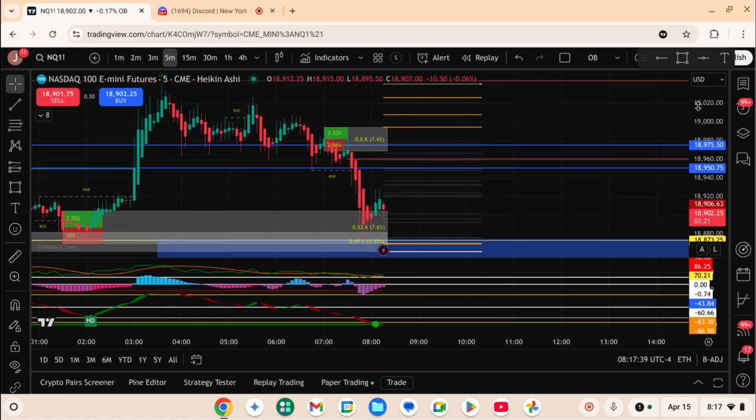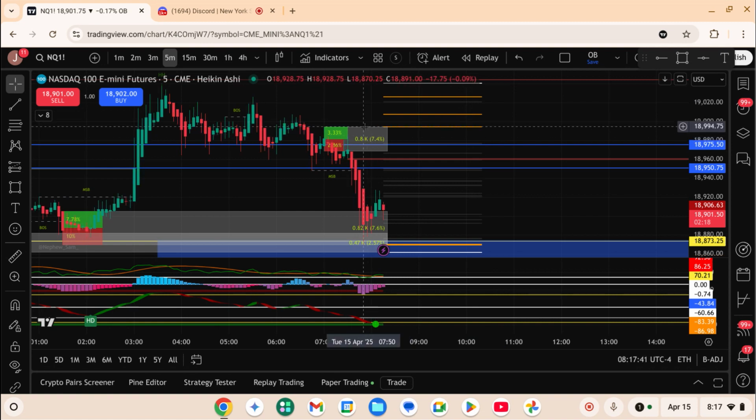Let's see. So another thing that it could do with the news coming out in like 15 minutes, 12 minutes, it could push up into this order block here, take this liquidity. I think this is the 1 hour high. Actually, let me just draw a line across it and see.